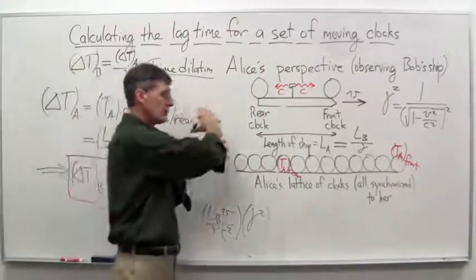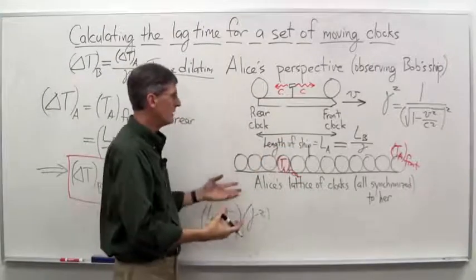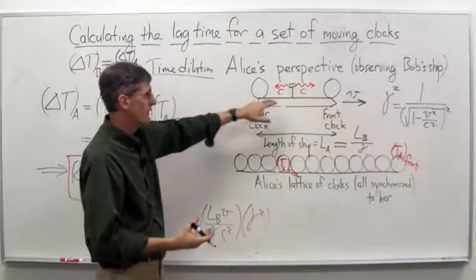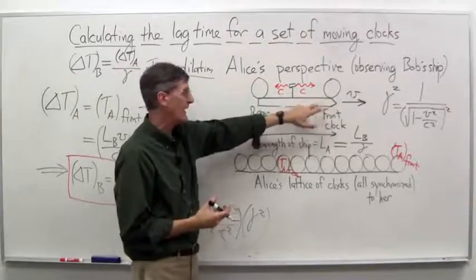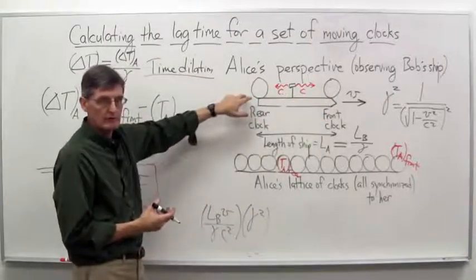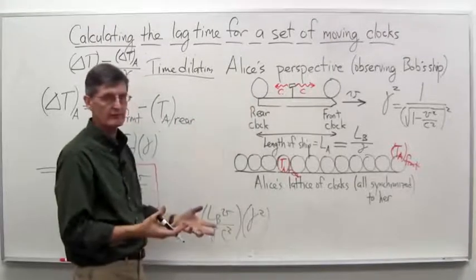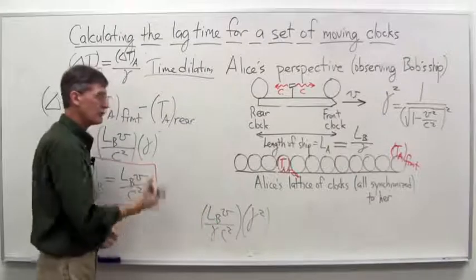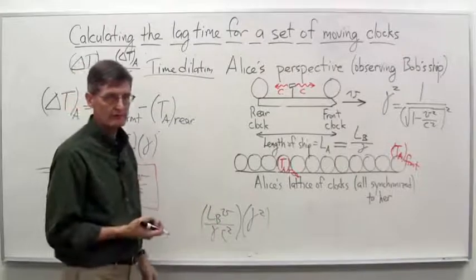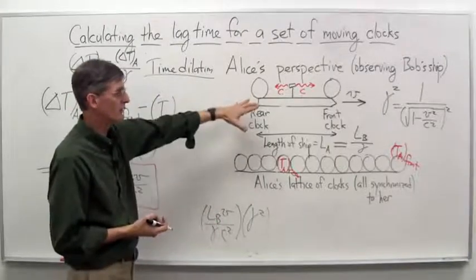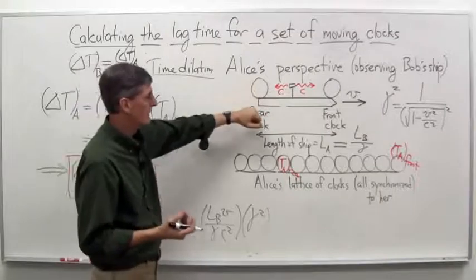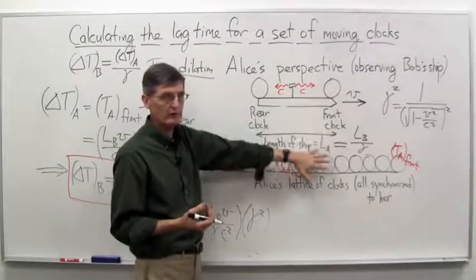Qualitatively, we made the argument here. We did it before as well, that Alice will see Bob's front clock lagging the rear clock. Even though from Bob's perspective, they're perfectly synchronized. From Alice's perspective, they're not synchronized. The hits of the two photons or light beams occur at different times on her clocks.